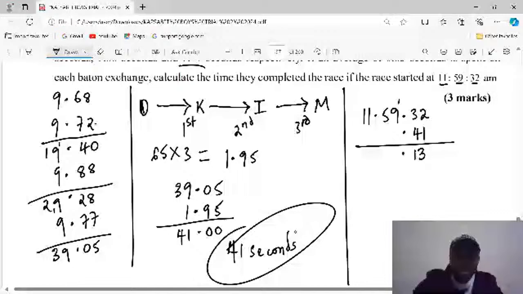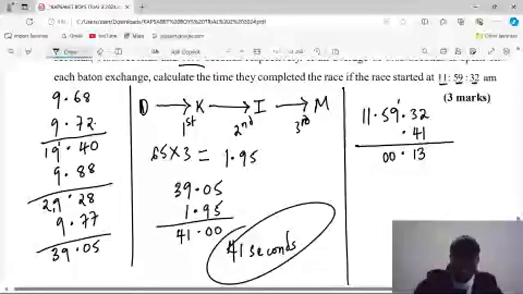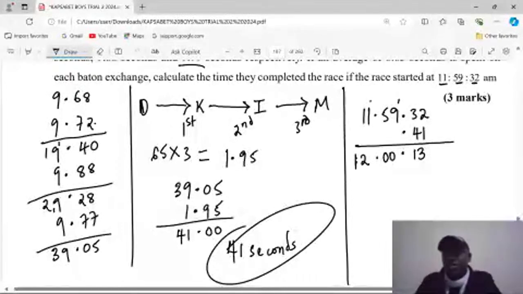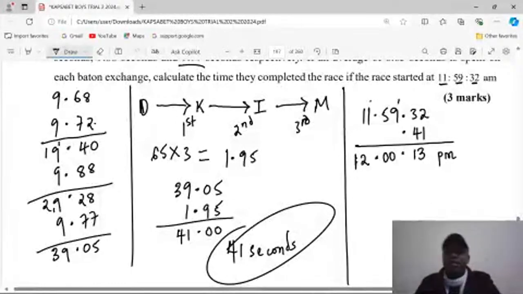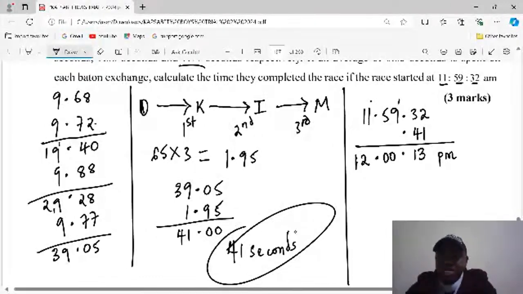When the minute is added here, where there are 59 minutes, we're going to have 12 hour. So this is 12:00:13. It is now PM. That is when the race is going to end. That is when the race was complete.